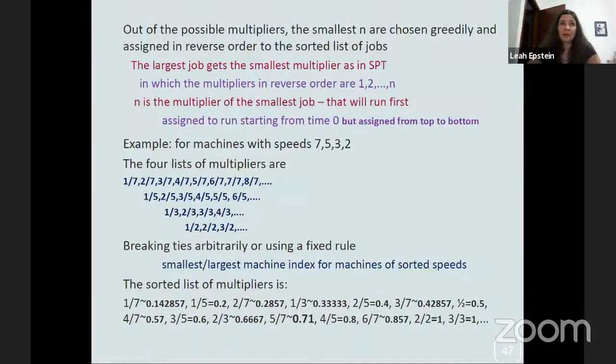This is, for example, here, there's a speed 7, so you will multiply the size by 1/7. If it's the second from the top, it will be multiplied by 2/7, and so on. And you find the best multipliers that you want to use, and you make sure that you multiply the largest size by the smallest multiplier, and so on.